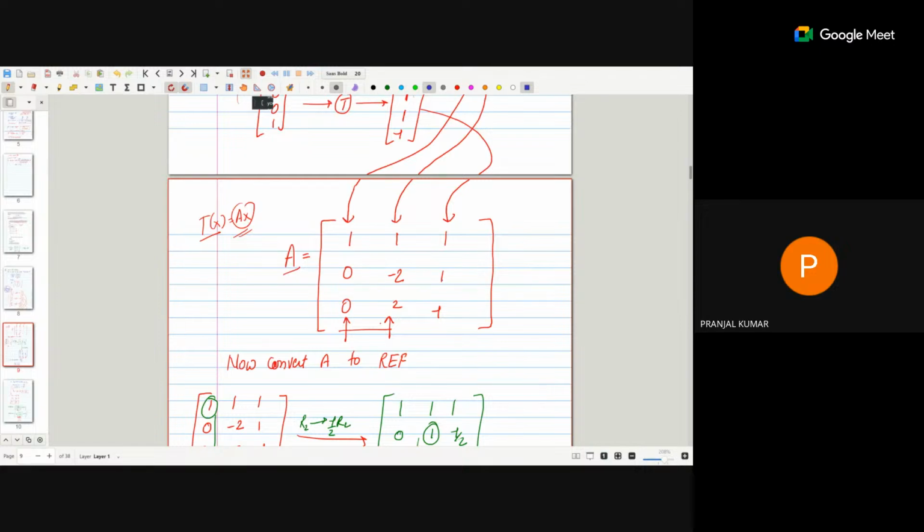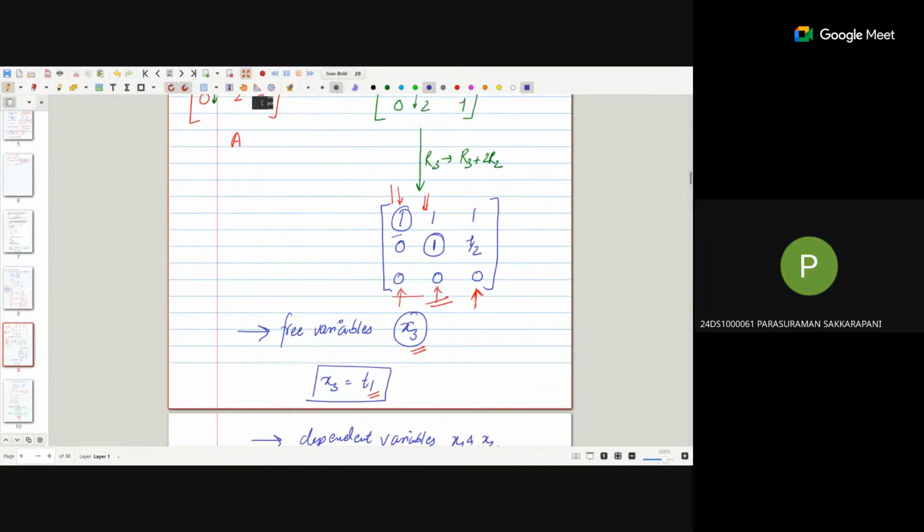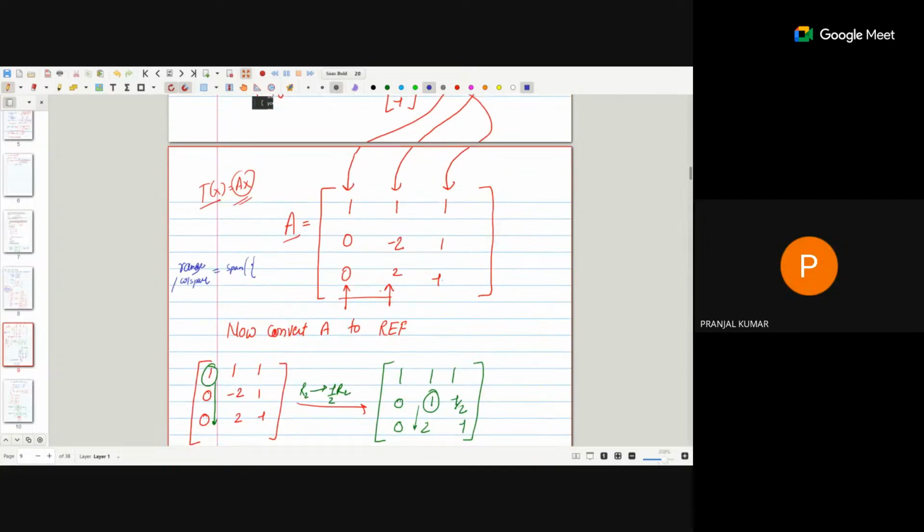Let me write the range. Range or column space is the span of, tell me, which columns have pivots? First and second. So I move back to my original matrix and write them as (1, 0, 0) and (1, minus 2, 2). This is one way of writing the image.